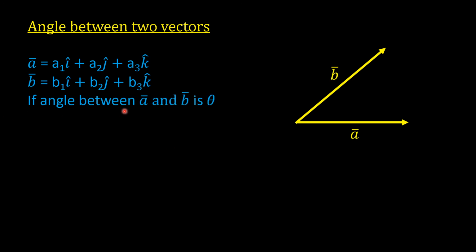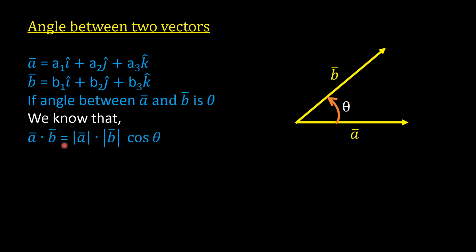If the angle between a bar and b bar is theta, we know that a bar dot b bar equals mod a bar times mod b bar cos theta. Therefore, cos theta will be a bar dot b bar divided by mod a bar multiplied by mod b bar.